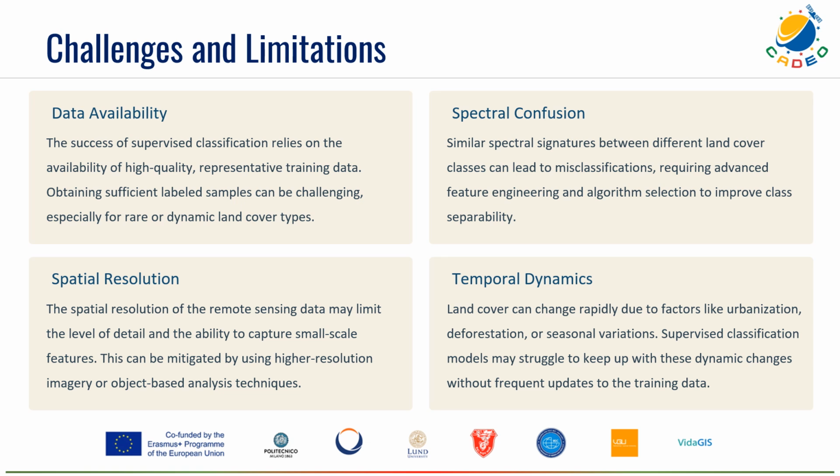In many real-world scenarios, obtaining comprehensive and representative ground truth data can be a significant challenge, particularly in remote or inaccessible areas. Additionally, the training data may suffer from inaccuracy, bias, or temporal mismatch with the satellite imagery being classified, leading to suboptimal classification performance.